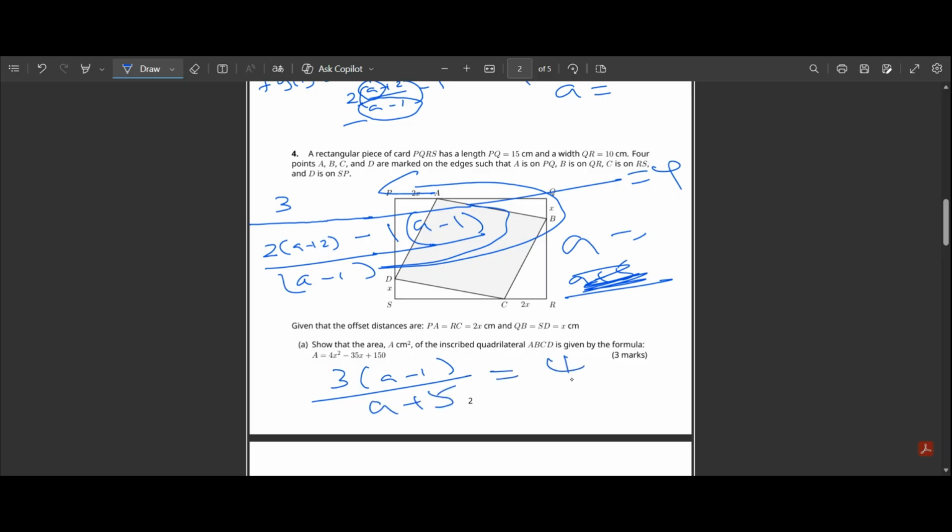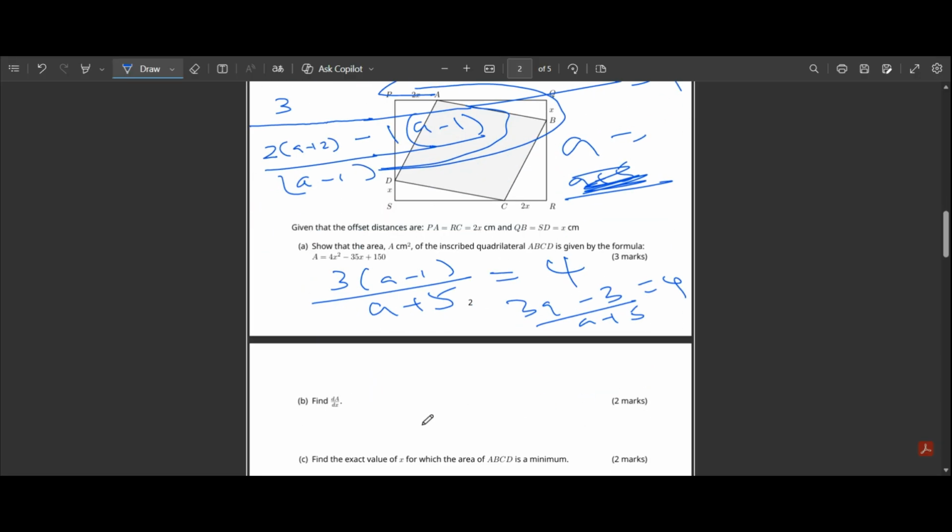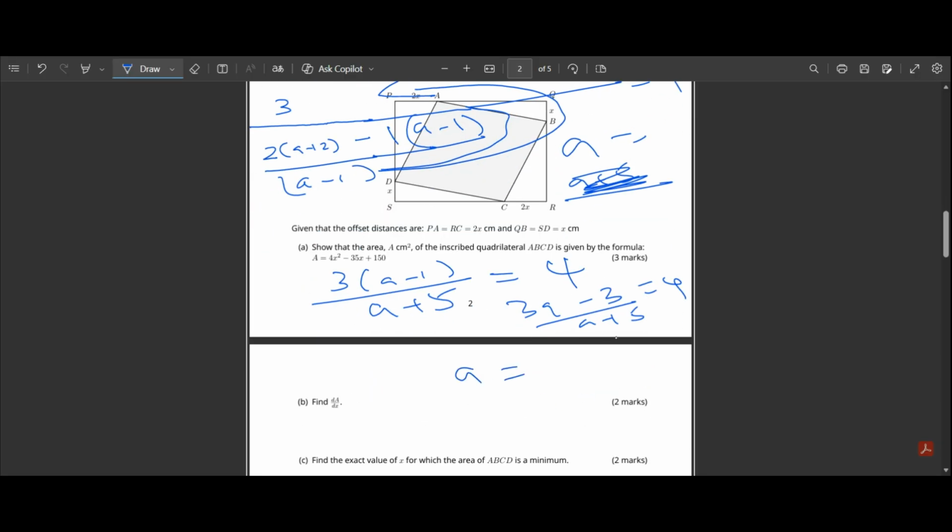So this is equal to 4. So 3a minus 3 divided by a plus 5 is equal to 4. So a will be equal to 4a plus 20.